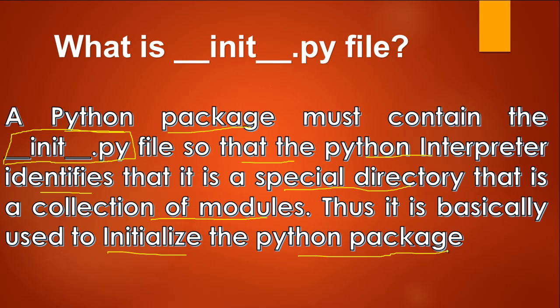So this file specifies to the Python interpreter that the folder in which this file is present is not a normal directory. It is a special directory, and all the files present inside this folder are basically the modules. Okay, so this is the purpose of writing the __init__.py file.